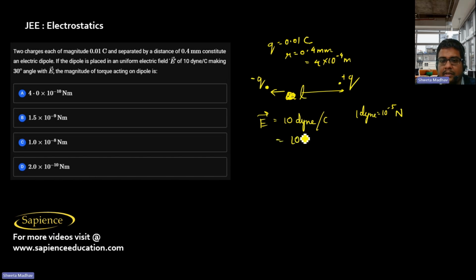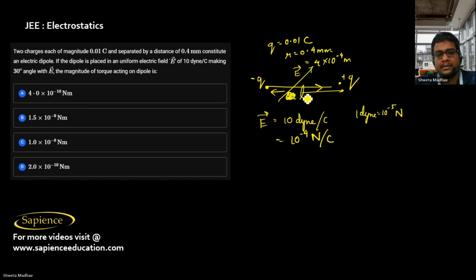So it will be 10 power minus 4 Newton per coulomb, which makes a 30-degree angle with the electric field. So this is the dipole, and this way we have the external electric field, and this angle is 30-degree.